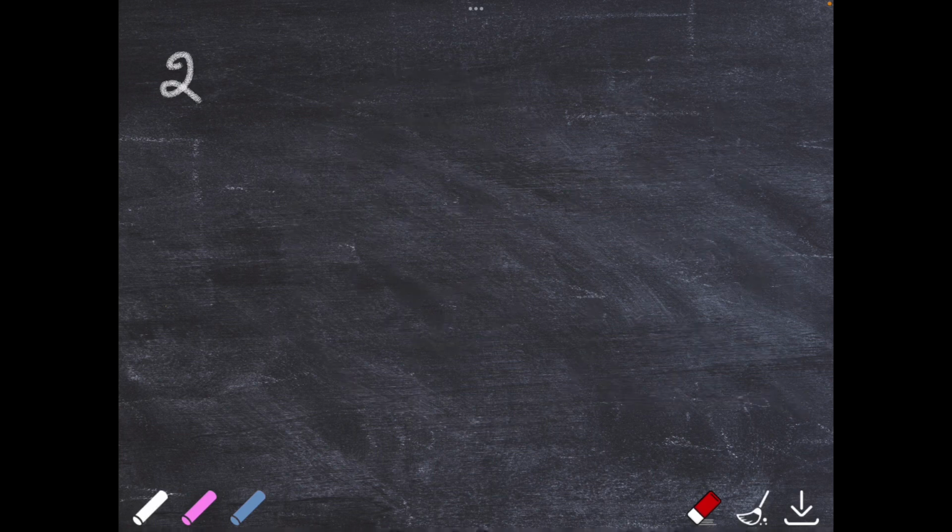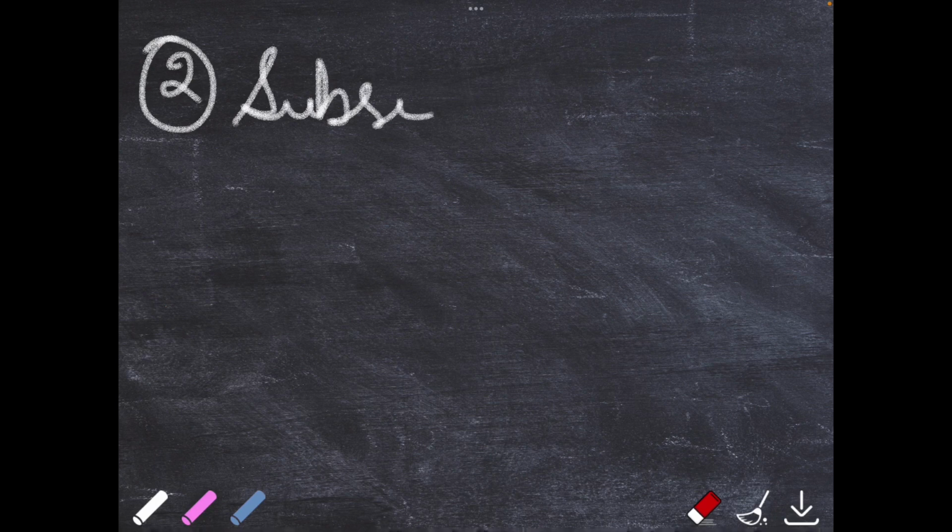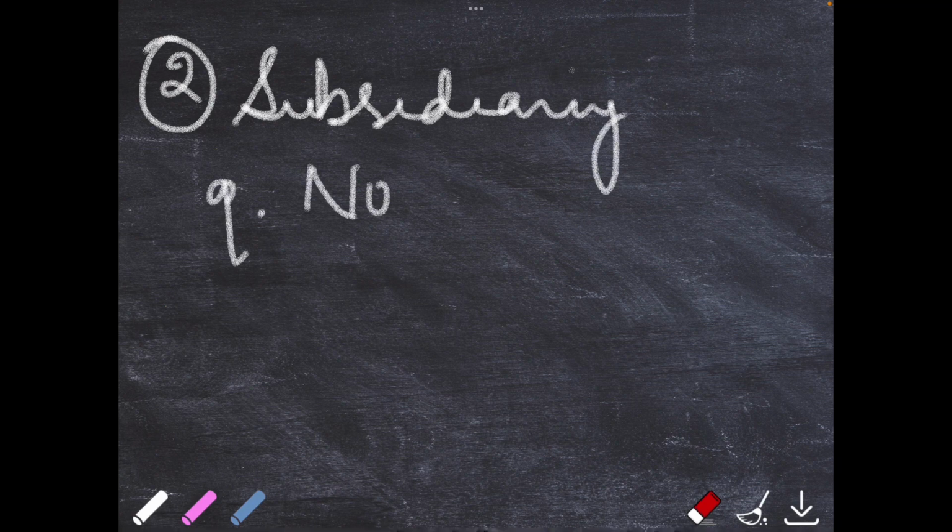Then second, you have the subsidiary quantum number designated by small l.